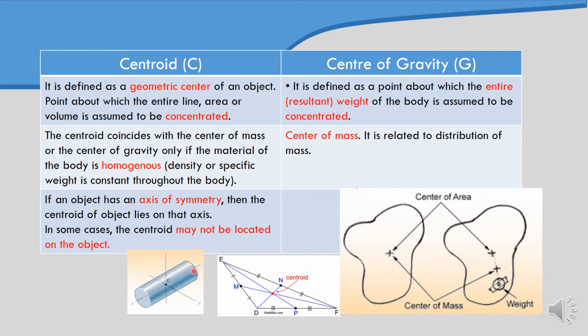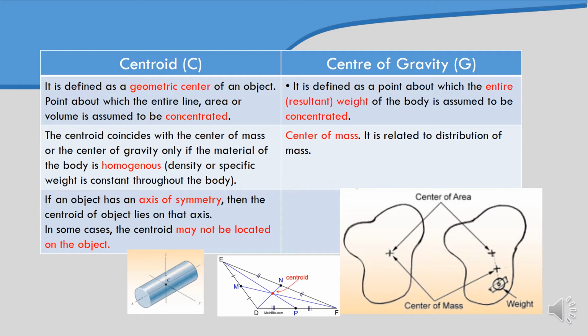We have a cylinder here, whereby this cylinder is symmetrical in the x, y, and z directions. And if you compare to this 2D shape, the centroid is basically in the symmetrical dimension, whereby the point about which the entire line, area or volume is assumed to be concentrated.